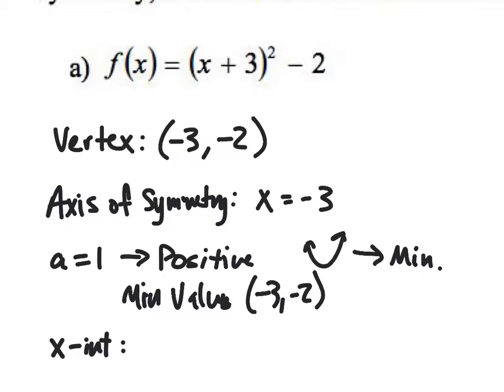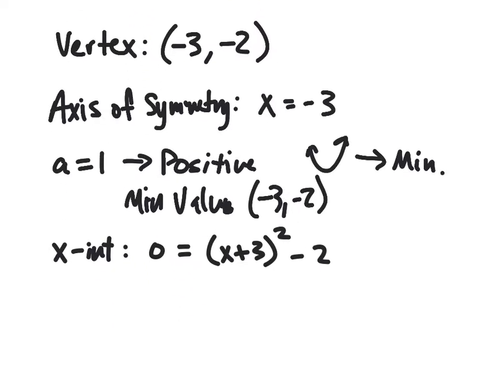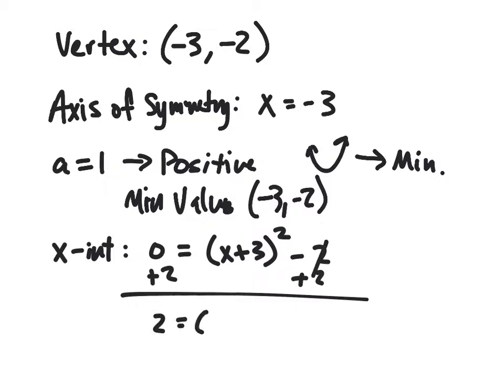That's kind of nice with the problem we're given. So 0 is equal to x plus 3 squared minus 2. To solve this for x, I would simply add 2 to both sides, and I get that 2 is equal to x plus 3 squared.